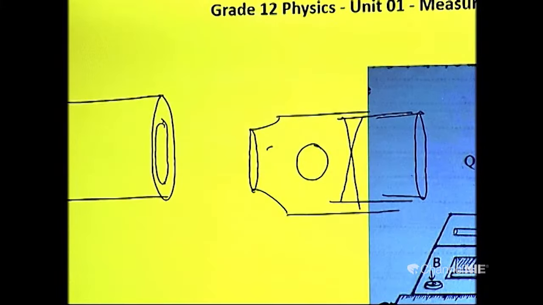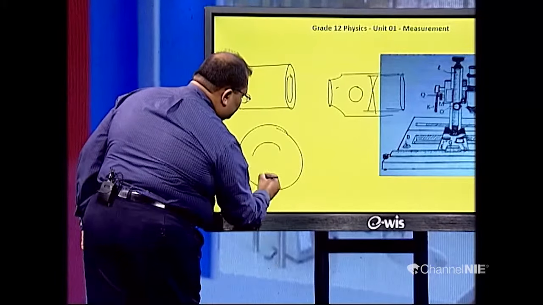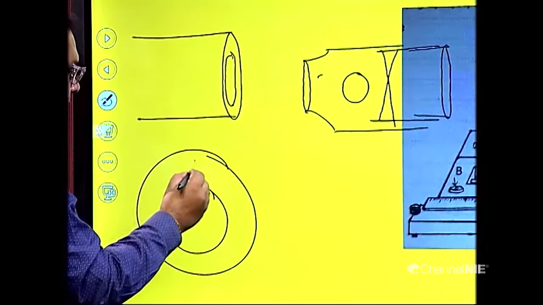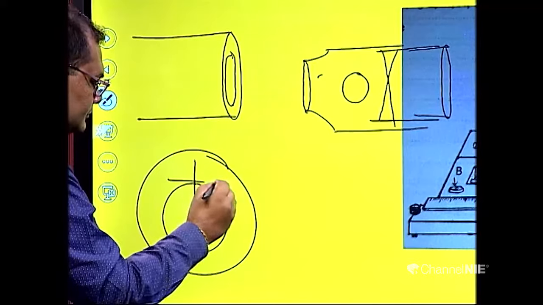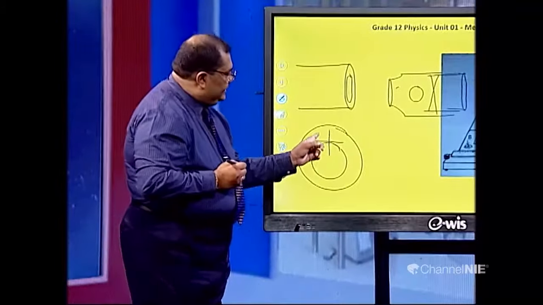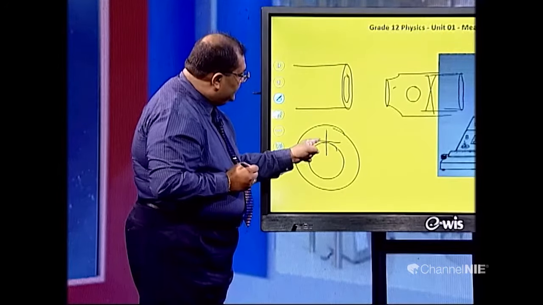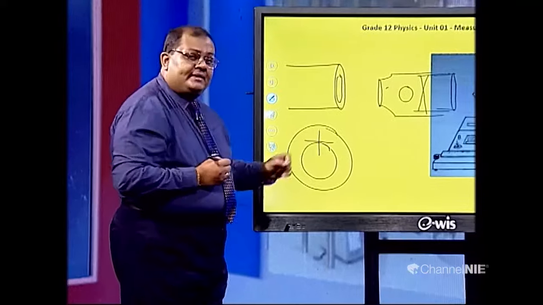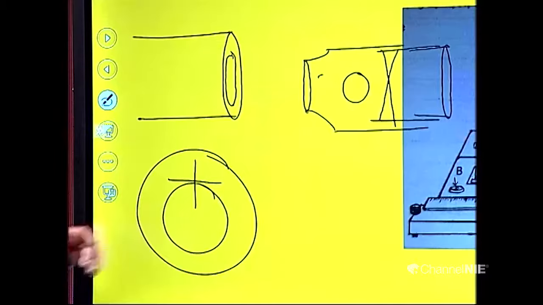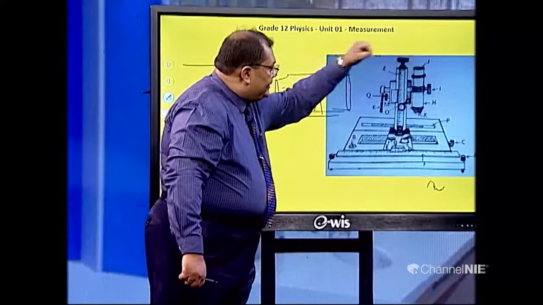Then you can see, when seen through the microscope, you can see this way. Rotate until the horizontal wire exactly touches the upper edge of the circle. You have to rotate this fine adjusting screw, this one.